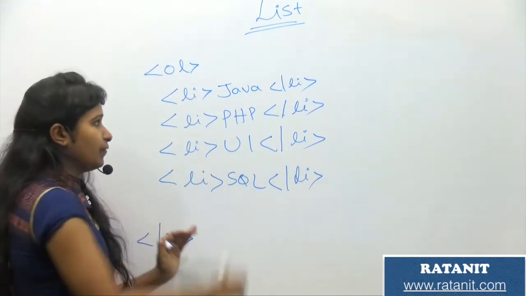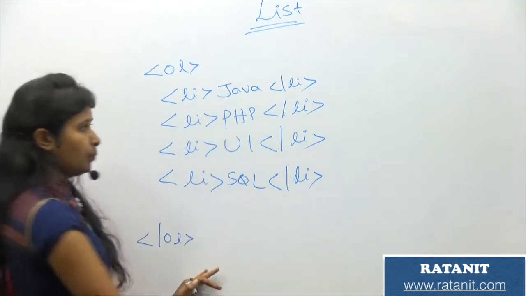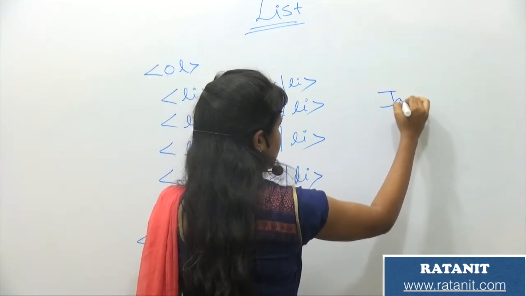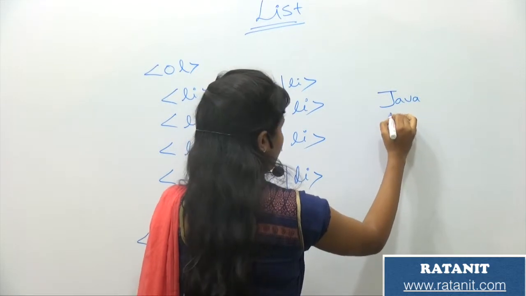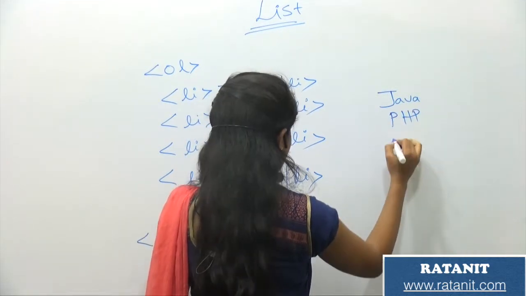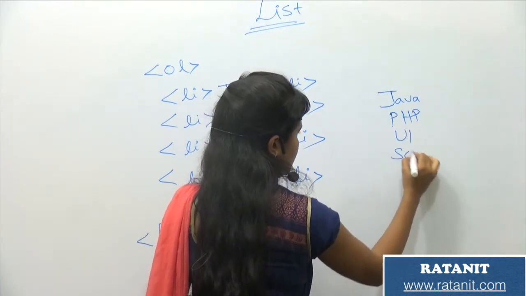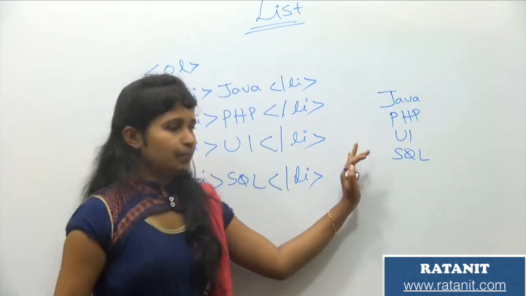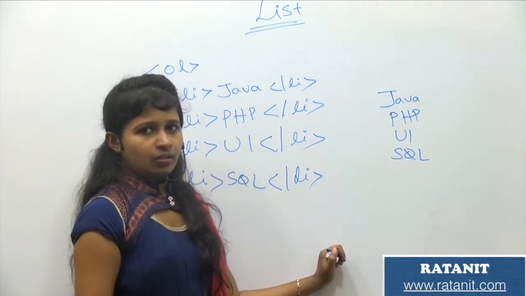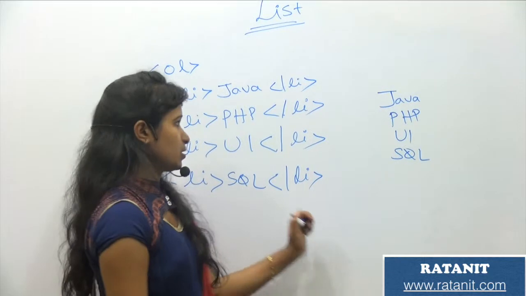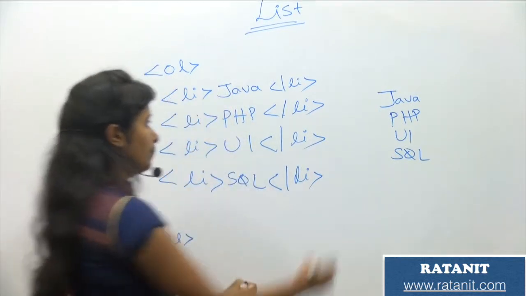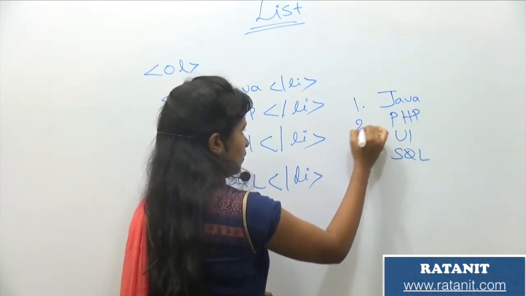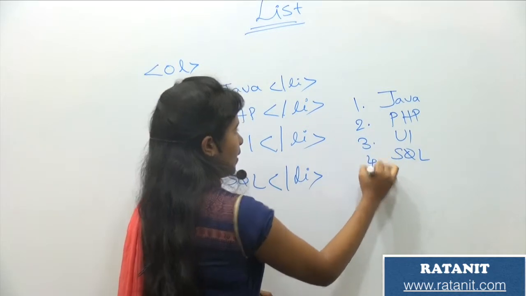So if I execute this program, what will my output be? It might be Java, PHP, UI, SQL. But this is an ordered list. For ordered list, by default it is numbers.